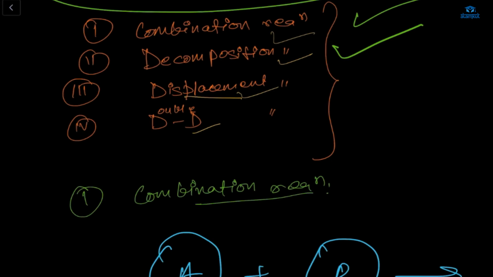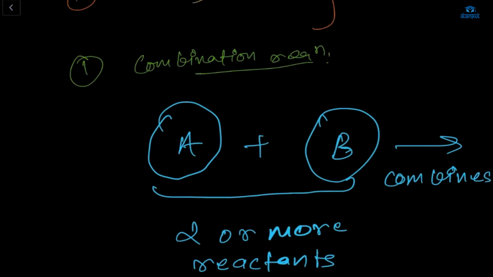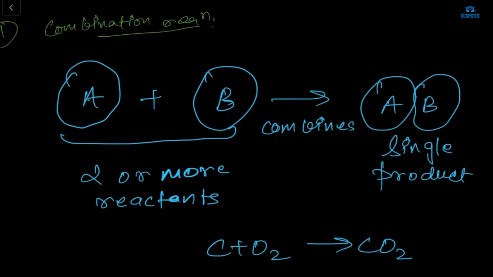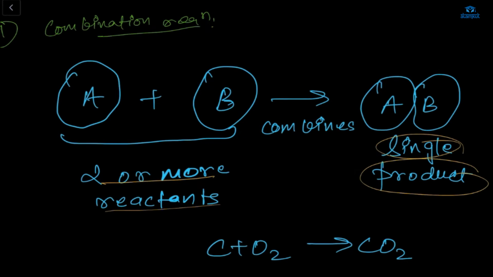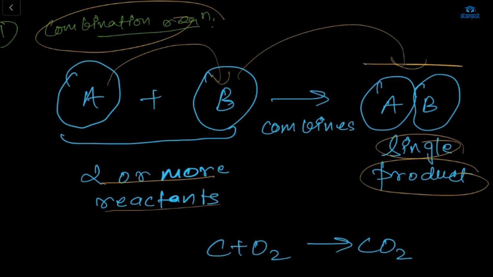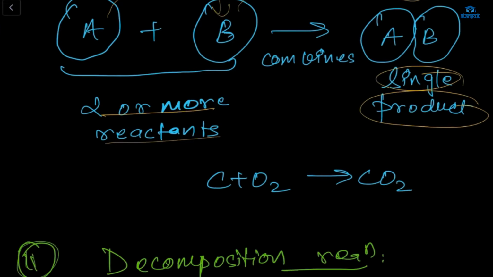Okay, so let's talk about the very first one, which is combination reaction. What is combination reaction? If 2 or more reactants are combining to form a single product. If A and B both are combining to form AB, this is known as combination reaction. Like here, this is C and this is O2.